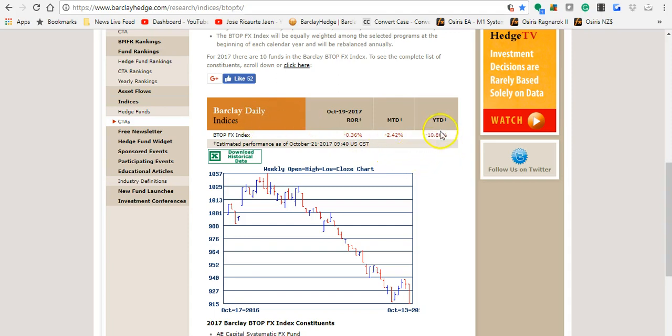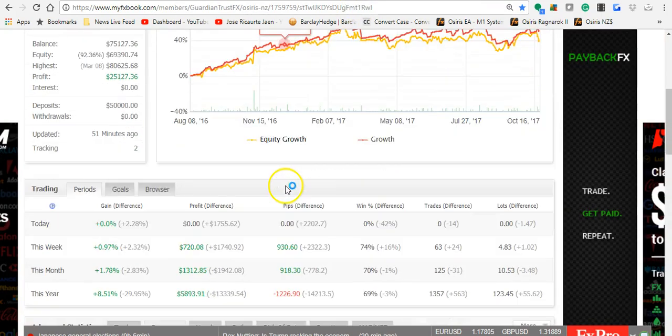Just to give you an idea, right now yield today is minus 10%, almost minus 11%. This is a world-class currency index that you can use to evaluate your performance.